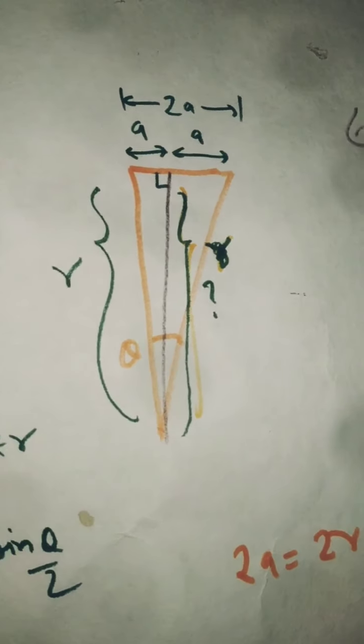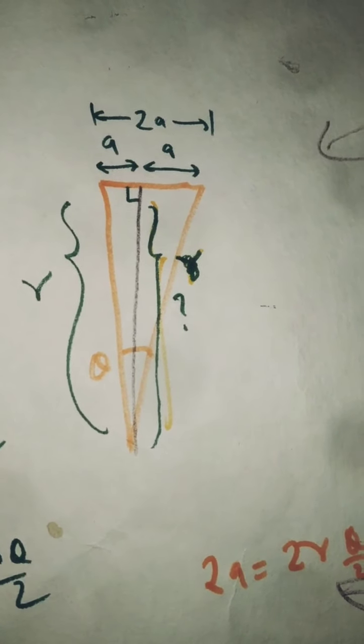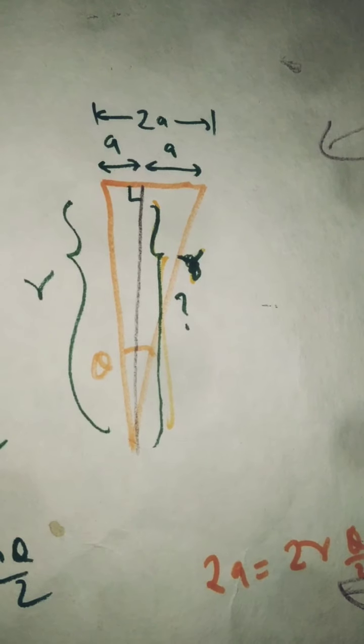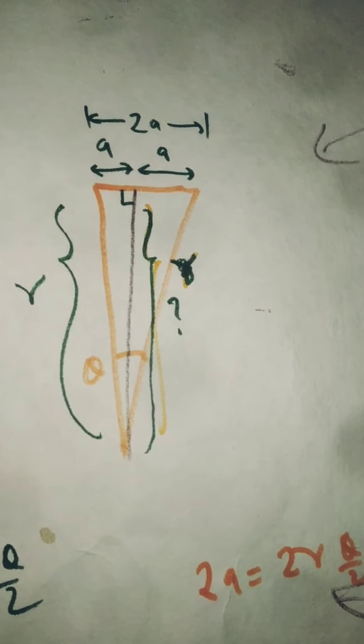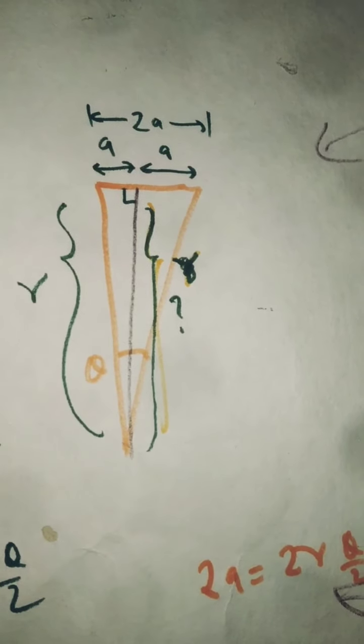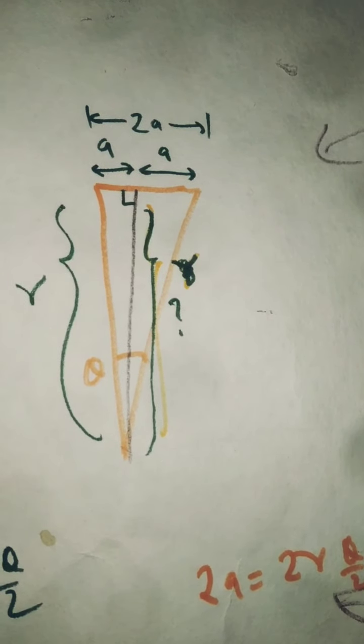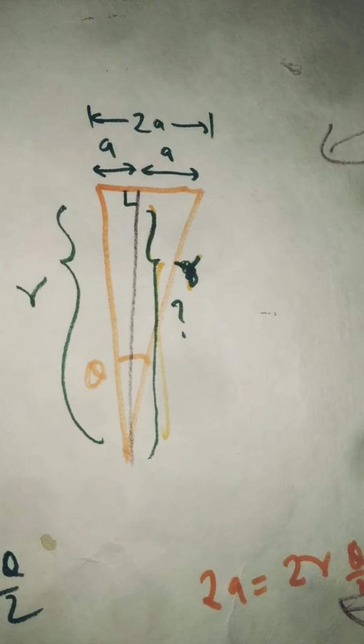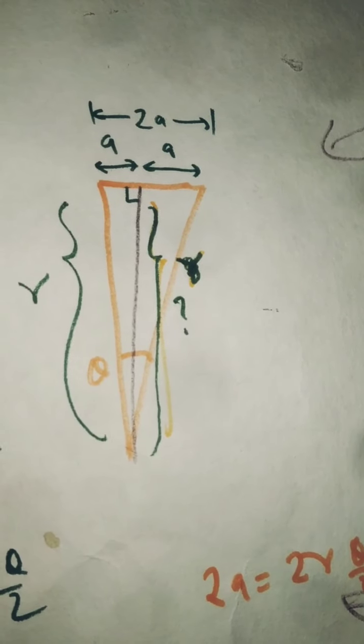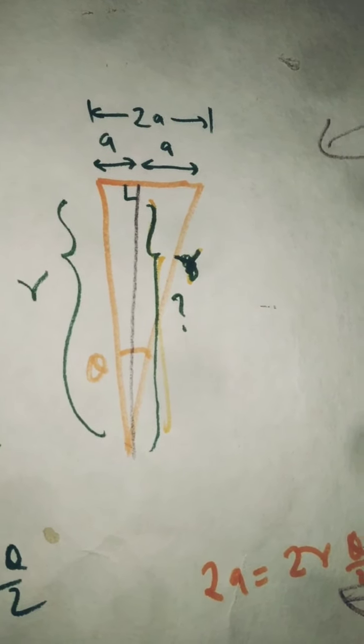It's very clear that if I draw a perpendicular, it is going to bisect my side into two halves, each of length A, and the hypotenuse of the triangle would be the radius of the circle.